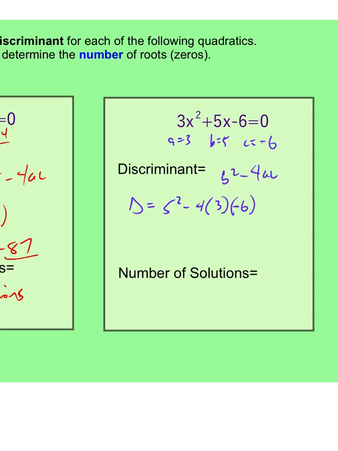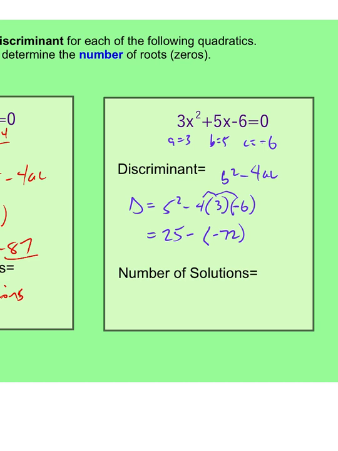Now that negative, of course, is going to be very useful for us in the sense of getting real solutions, because what we're subtracting, 4 times 3 is 12. 12 times -6 is -72.